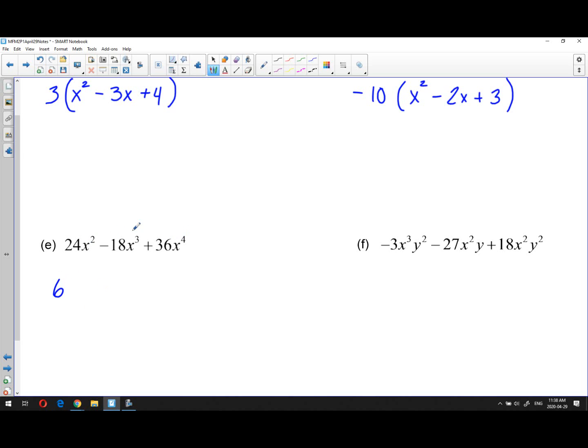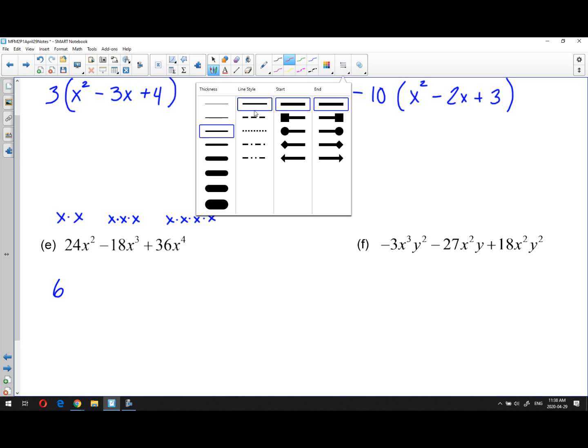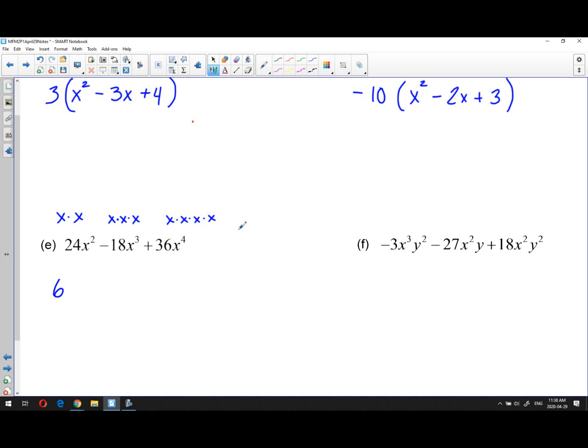Now let's look at our x's. The first term is x squared, so that's x times x. The second term is x cubed, x times x times x. And the third term is x to the exponent 4, 4 x's being multiplied together. So how many x's are common to all groups? Another way to answer that question is, what's the largest number of x's we could remove from all three of these groups?